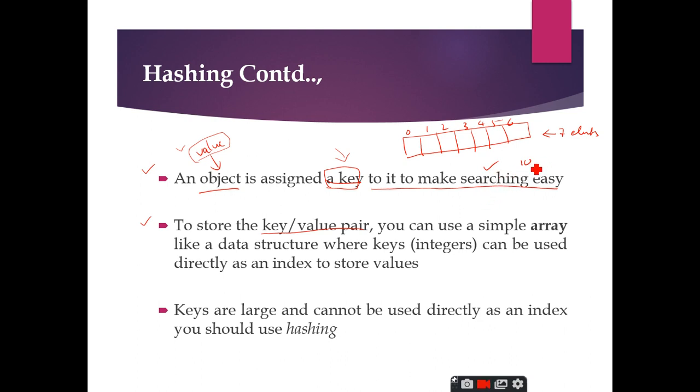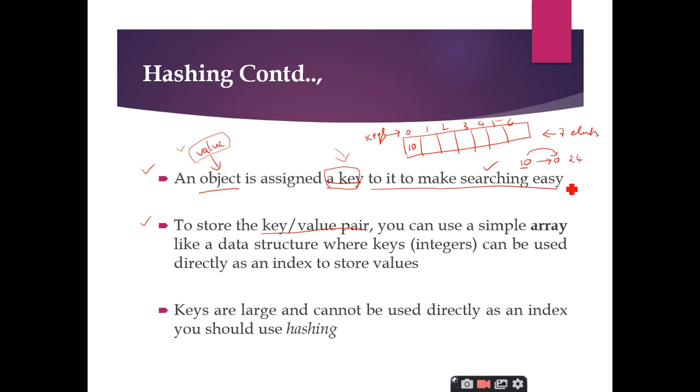I have performed some mathematical operations on this 10, and the key obtained is 0. Let us assume that. So this value 10 should be inserted at 0. I can take the indices of the array as the keys. The key generated is 0, so I insert this 10 at index 0.